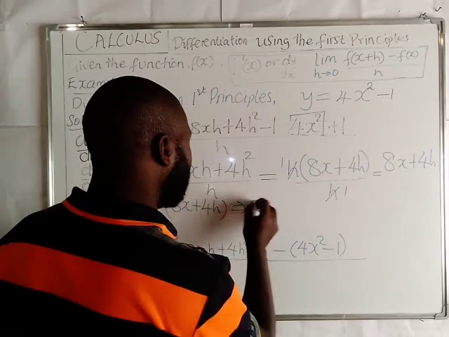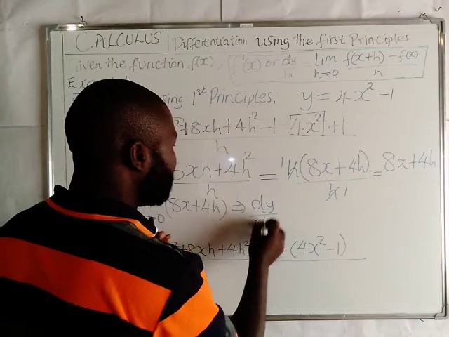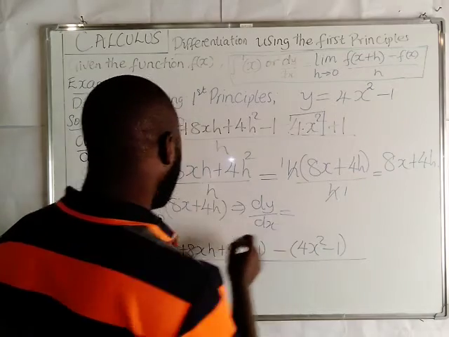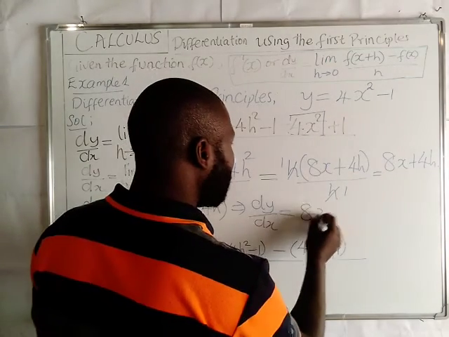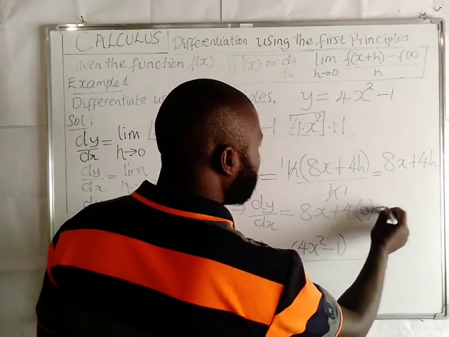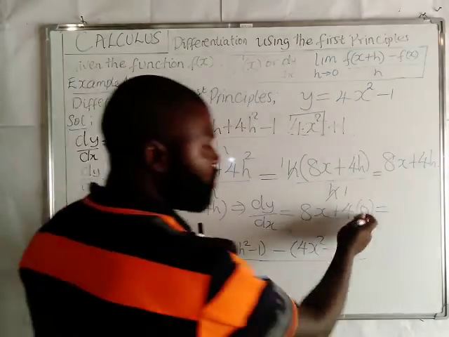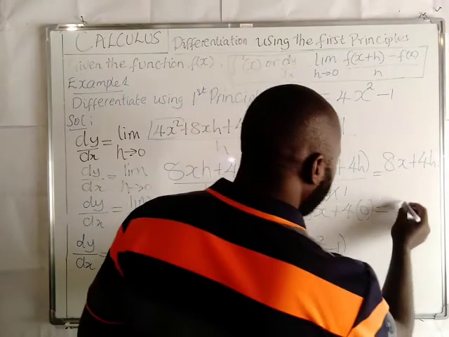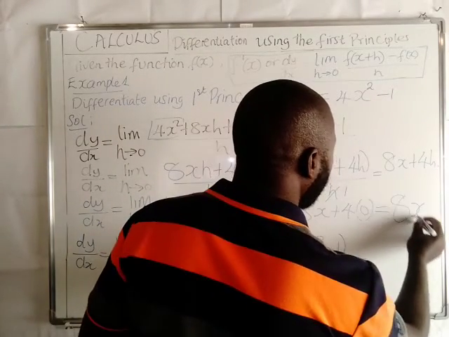So we shall say our dy dx is equal to 8x plus 4 times 0, which will give us, all this will go to 0, so we shall get 8x.